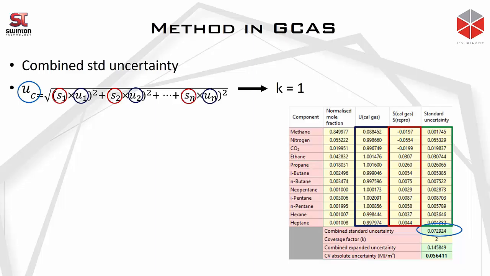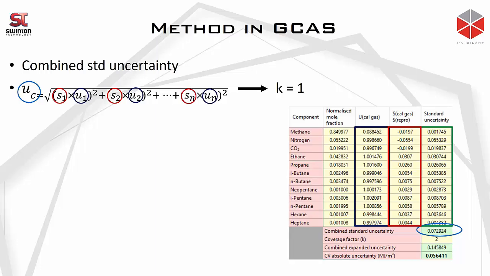Now, when we see this, we basically have K equal 1. K equal 1 means a confidence level of 66%. Why are we using K equal 1? When we combine the uncertainty of everything, we want to use one standard deviation rather than 2 standard deviations.